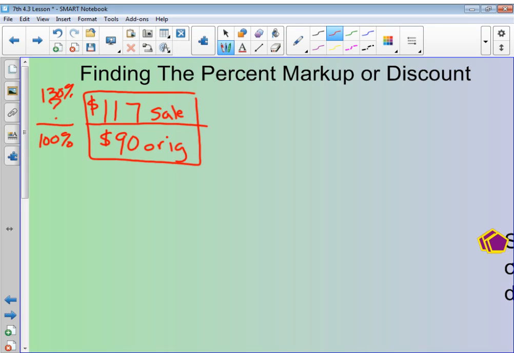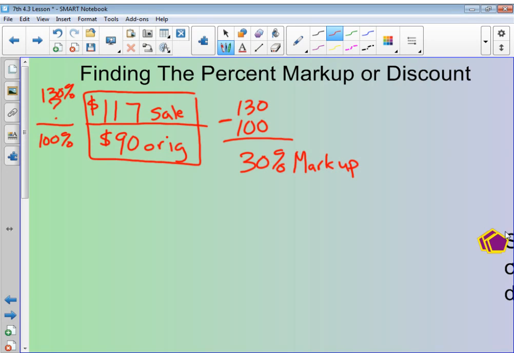So how is it different when we do a markup? You're still going to do the same thing. You're still going to subtract between the percentage that you found and 100. If I originally had 100% and we marked it up to 130%, what's the difference? The difference was 30%. So it was a 30% markup in this case.